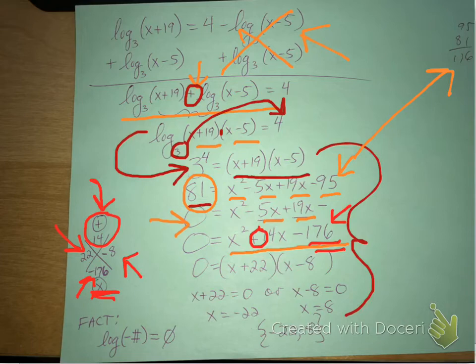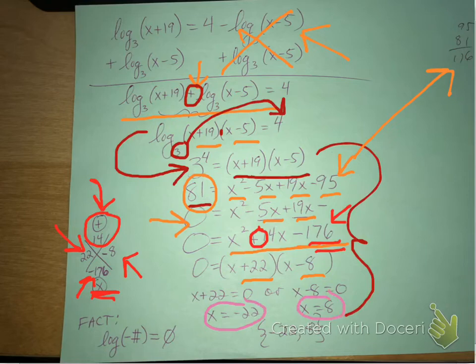This problem took me a little bit of time to just fiddle around with the factors. So I got a positive 22 and a negative 8. Both of those numbers add to get 14, which is the middle term, and they multiply to get a negative 176. So if my factors are x plus 22 and x minus 8, that means that my solutions have to be negative 22 and positive 8.